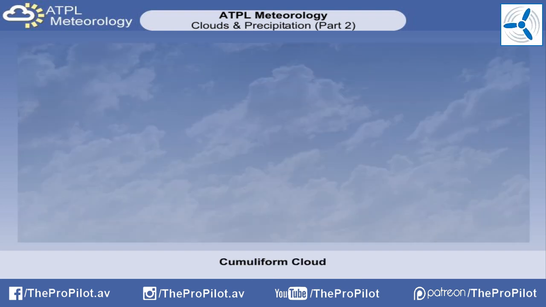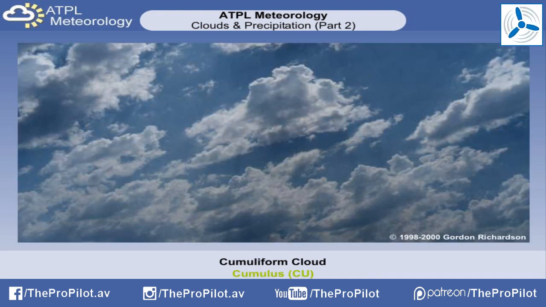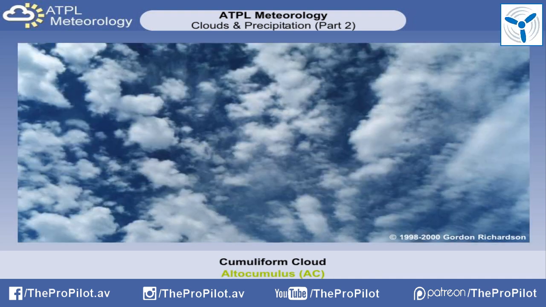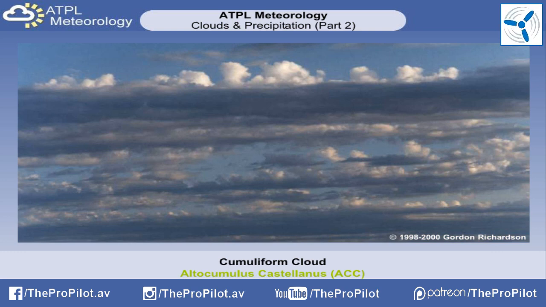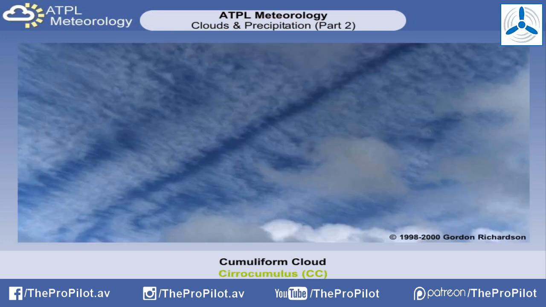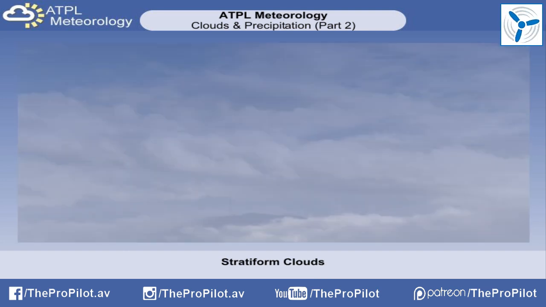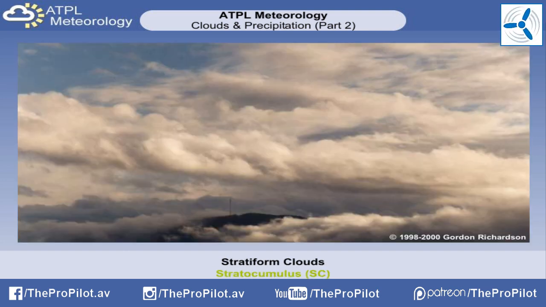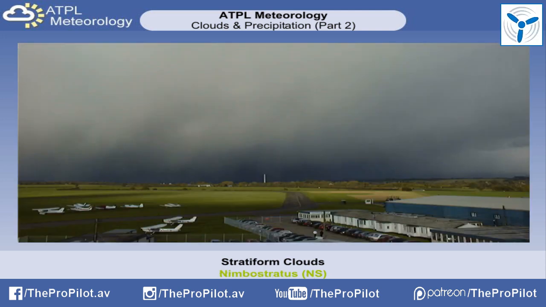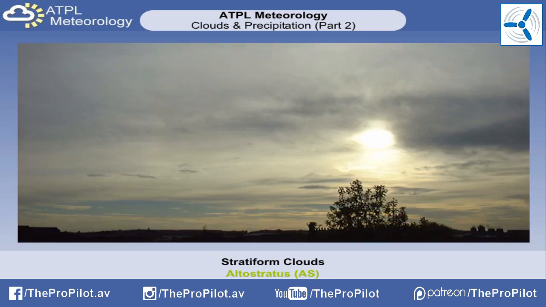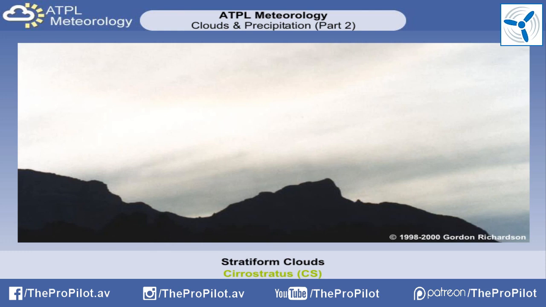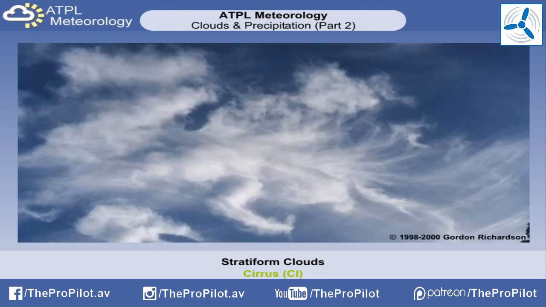The cumuliform clouds are cumulus, cumulonimbus, altocumulus, altocumulus castellanus, which is a particular form of altocumulus that has a distinct importance, and cirrocumulus. The stratiform clouds are stratus, stratocumulus, nimbostratus, altostratus, cirrostratus, and cirrus.